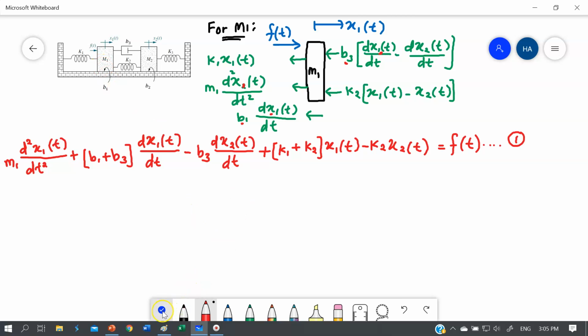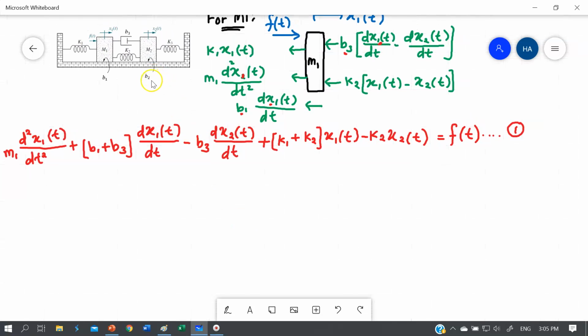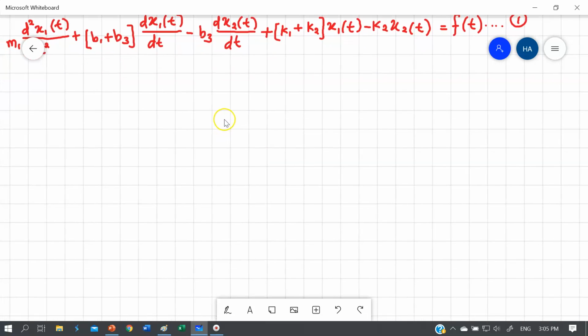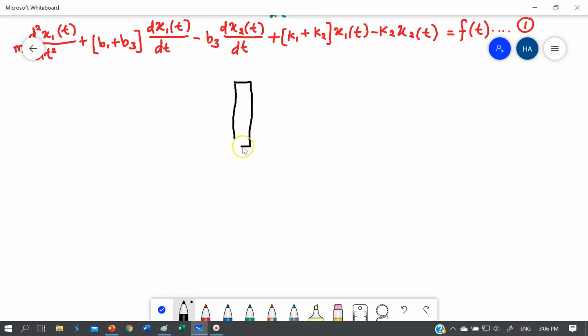So to find the differential equation that represent M2, we have to again draw the free body diagram of M2 with all the reaction forces. If I bring this up a little bit, we will have here M2 and the displacement is x2 of t.